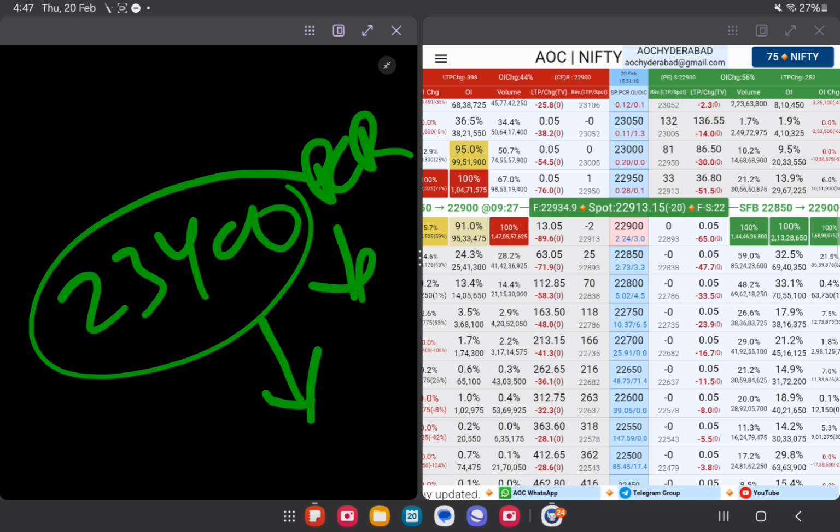Okay, and if the PCR declines during a correction, if a correction has already happened in the market and the PCR is also decreasing, what does it mean? It's like a bloodbath situation, total complete bearishness in the market. It means either call writers are aggressively writing at every rise, or put writers are closing their positions.